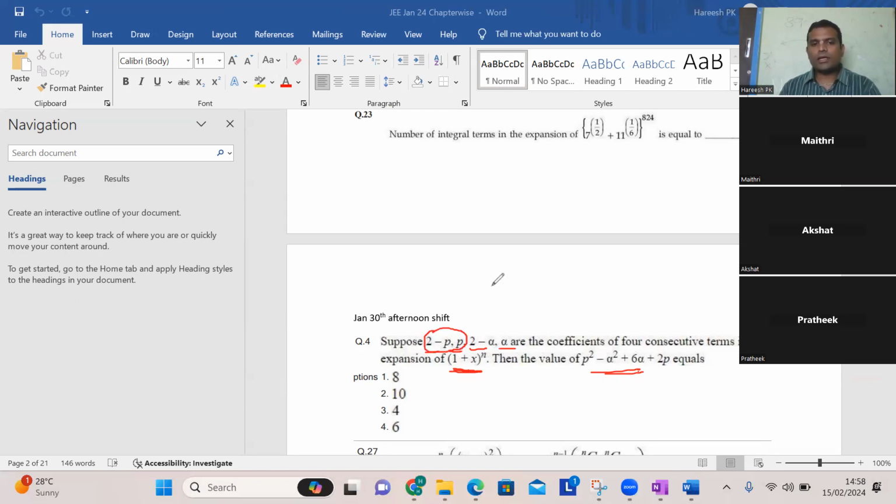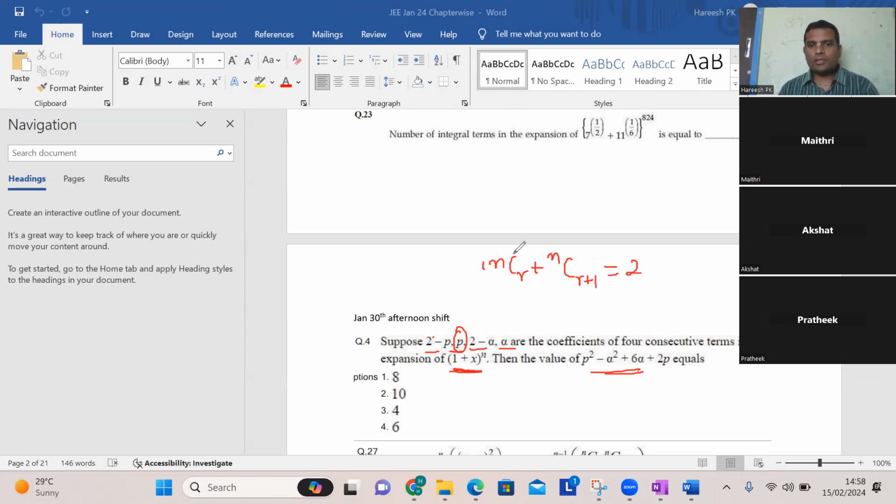How to generate two equations? From these two. Let us assume this fellow's coefficient is nCr and this fellow's is nC(r+1). And when I add both, I get rid of p. How to get rid of p? When you add both, p goes away. So how much is this? This is 2.